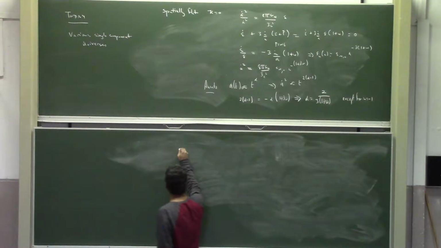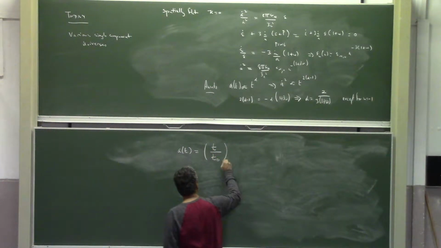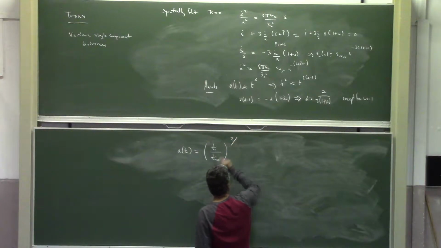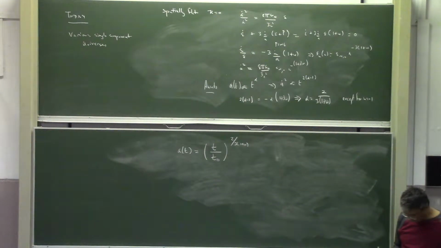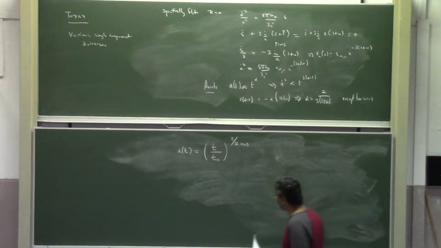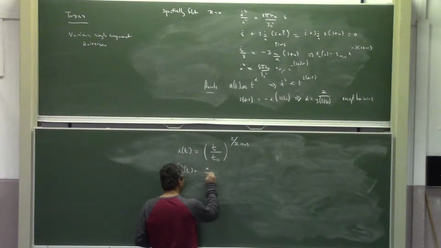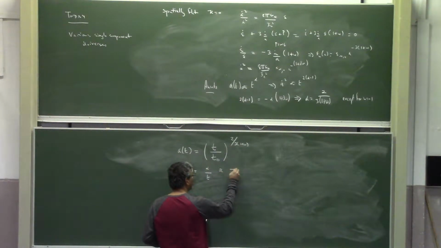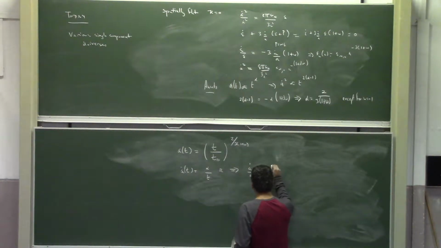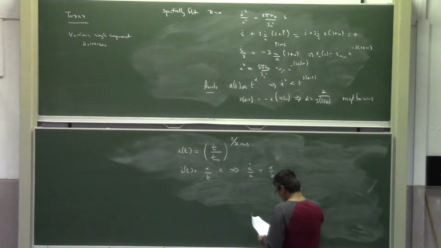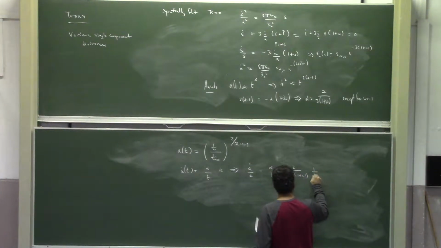So a of t then, a's dimensionless, so we take t, we divide by some time scale t0, and the exponent we solve for is 2 over 3 times 1 plus w. That's our answer. So a dot then is alpha over t times a, which tells us a dot over a is alpha over t, which is 2 over 3 times 1 plus w over t.